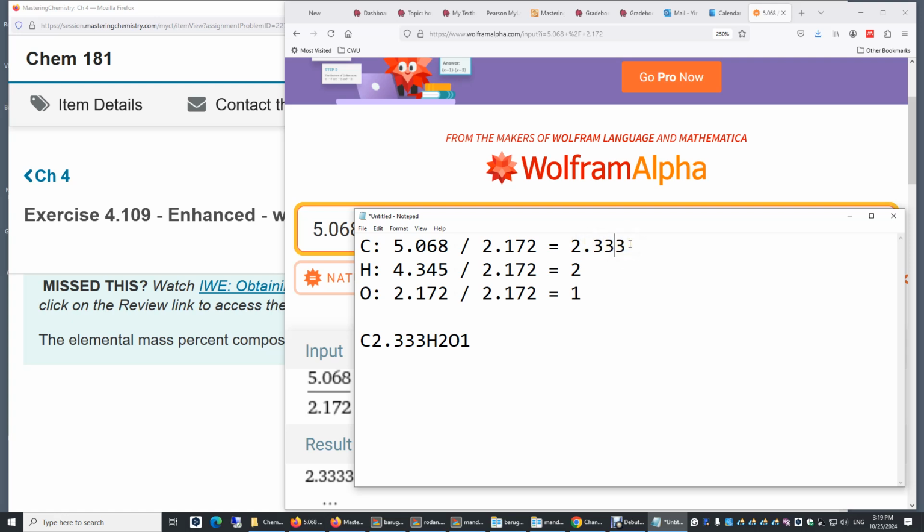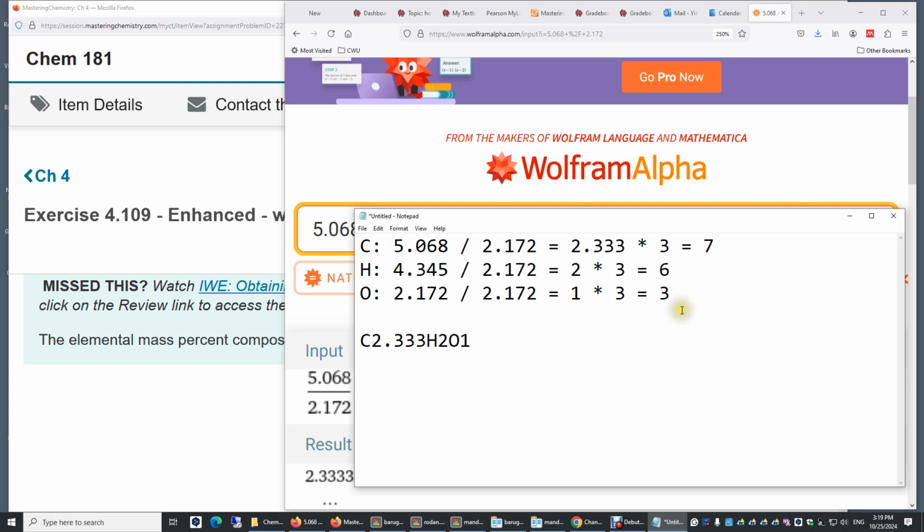0.333 is 1/3. So if we multiply every single number by 3, we will be able to get integers. If we do that, we get 7. If we multiply 2 by 3, we get 6. And over here, we'll get 3.